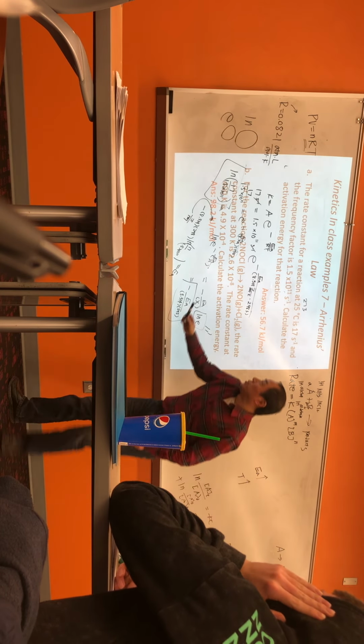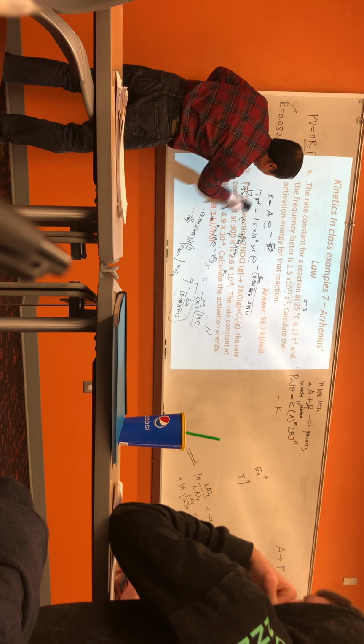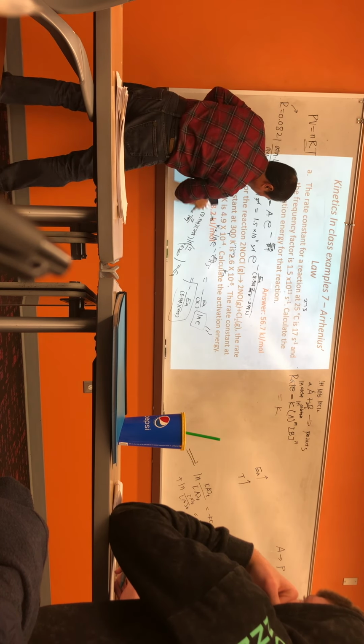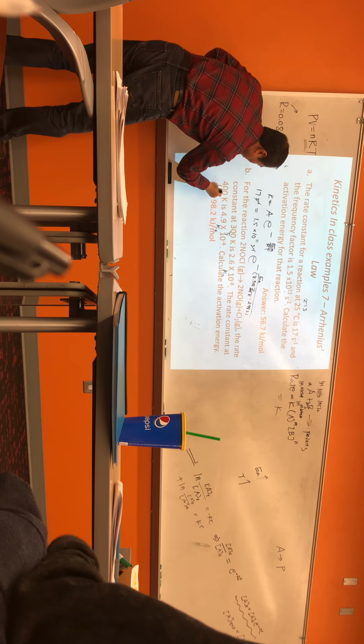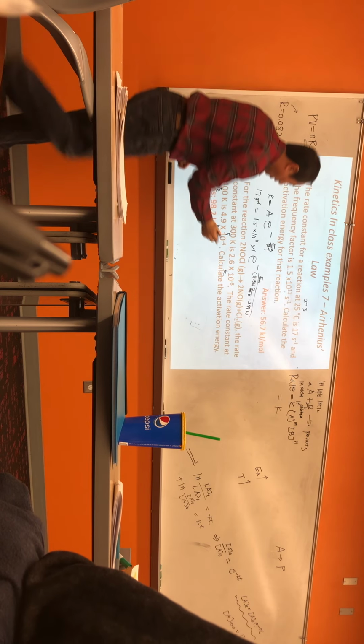So when you have a reaction with one temperature, I'm going to call T1, and another temperature, I'm going to call T2. So there's k1, there's k2, and they're asking for activation energy.